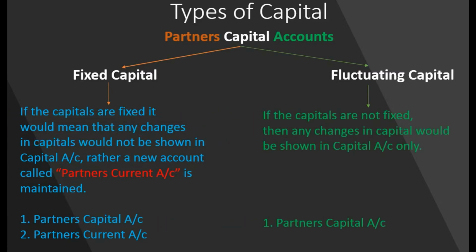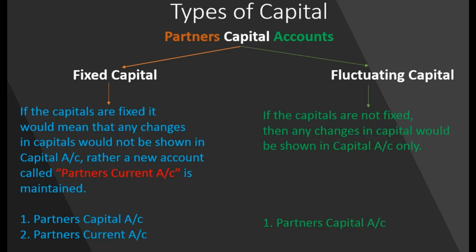Therefore, if the capitals are not fixed, then any changes in capital would be shown directly in capital account, which also means easy for us. We don't need to create an additional account. One single account, that is partner's capital account, and our job's done. So these are the two methods how we can maintain the capital of a partner.